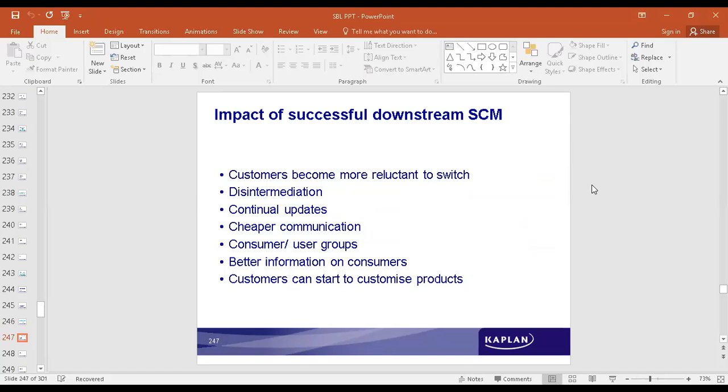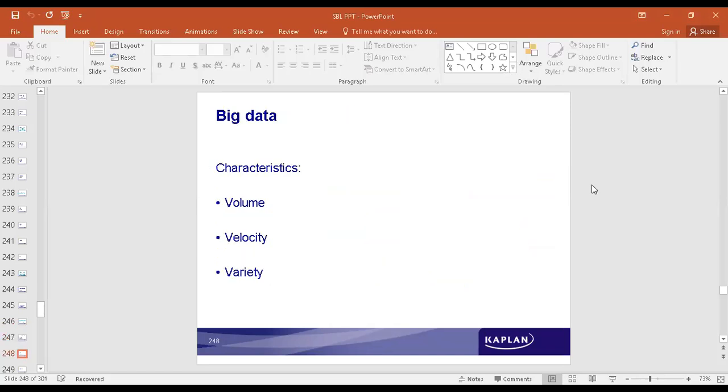And then customers can start to customize their products. Because the suppliers or manufacturers are accessible to the customers, they are willing to listen to the customers, so they take up the customization and provide products and services according to their specifications.